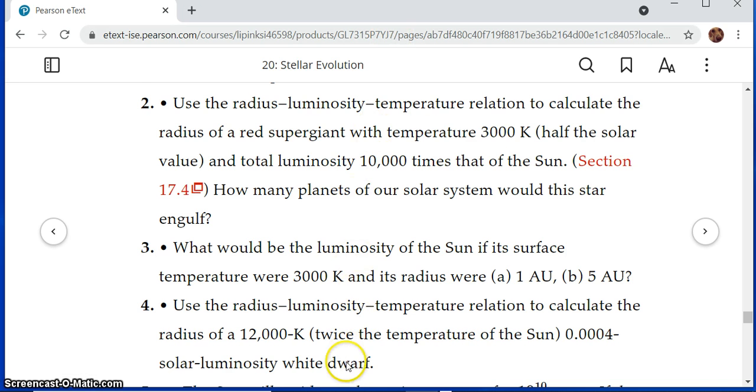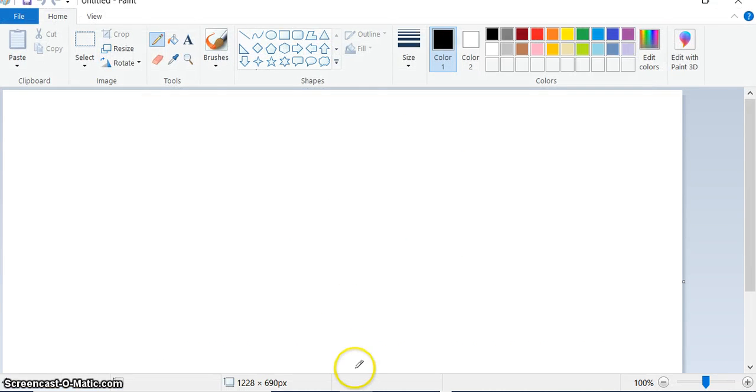All right, let's do this problem. This is number 3. I'll just set this up.